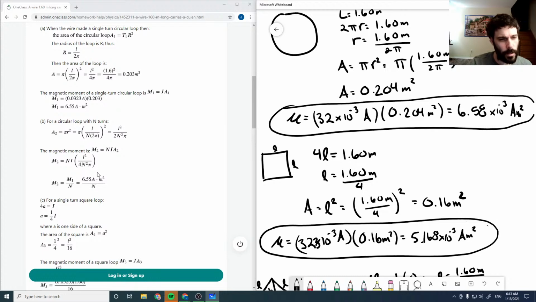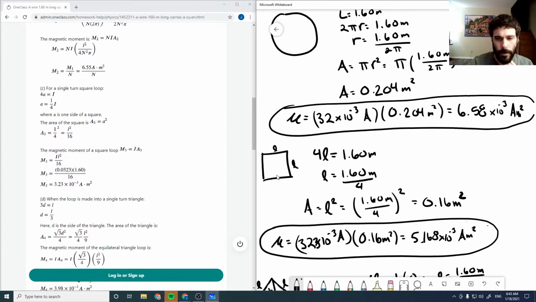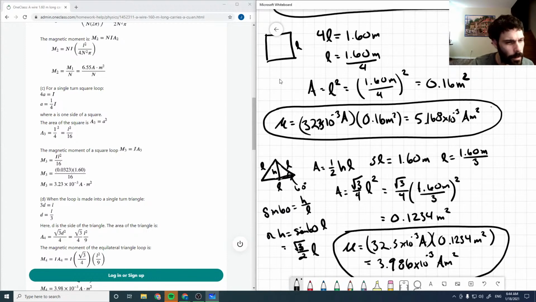That's for n turns, so they just skipped ahead. They're also missing the n squared. For the square loop, it looks like they made the same mistake as I did, jumping ahead.